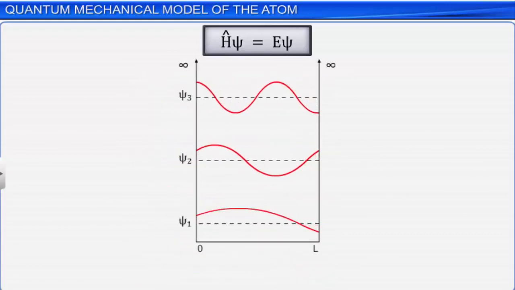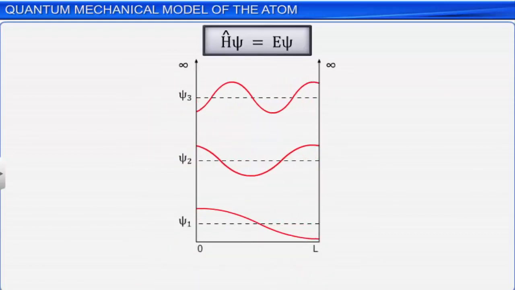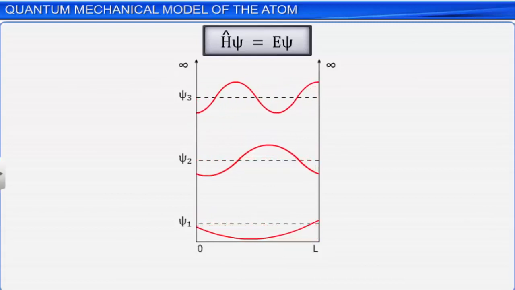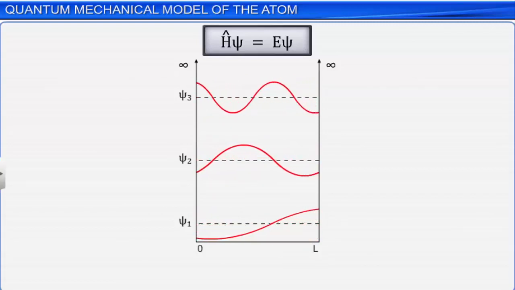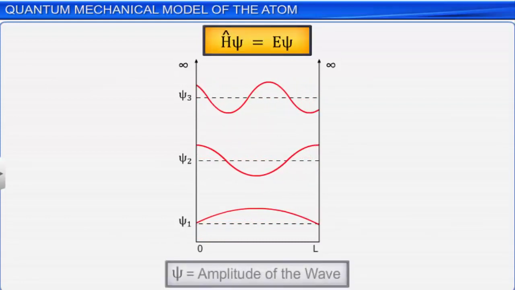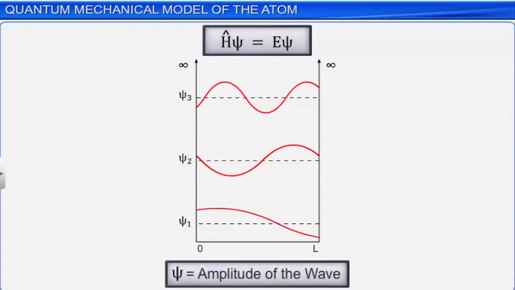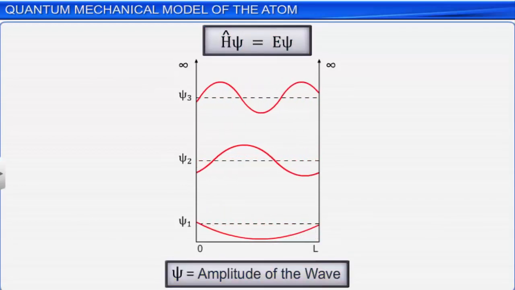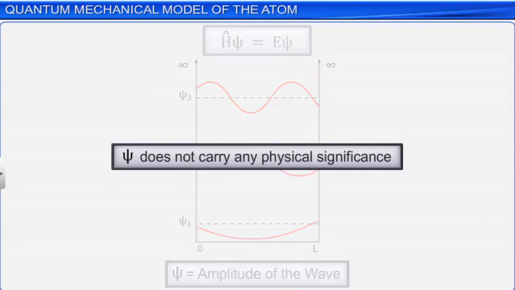Note that, in quantum mechanics, all the properties of a system are expressed in terms of a wave function. This is obtained by solving the Schrödinger's equation. The wave function, psi, is a mathematical function that represents amplitude of the wave. It does not carry any physical significance.